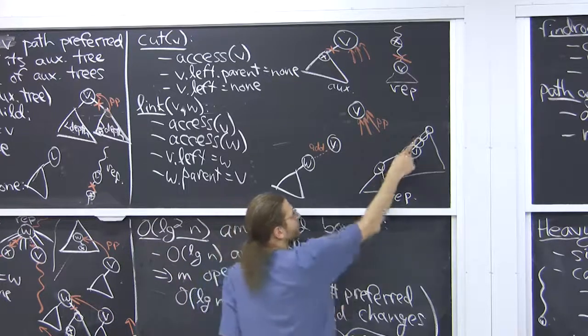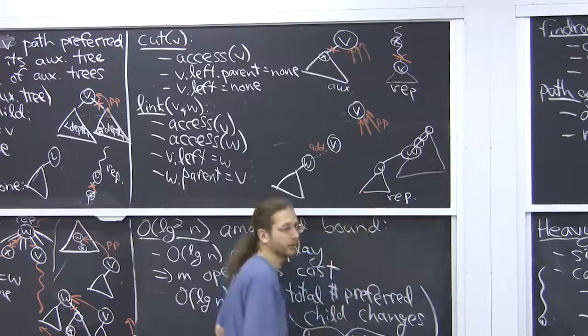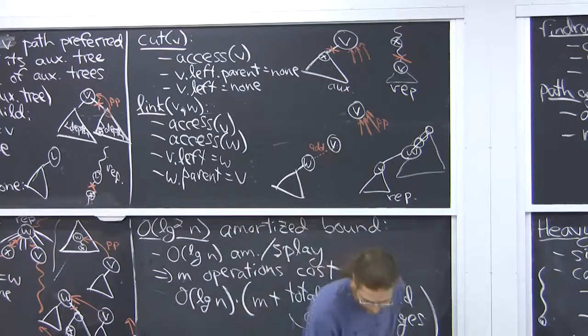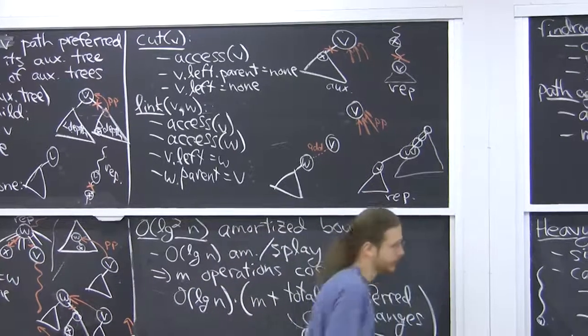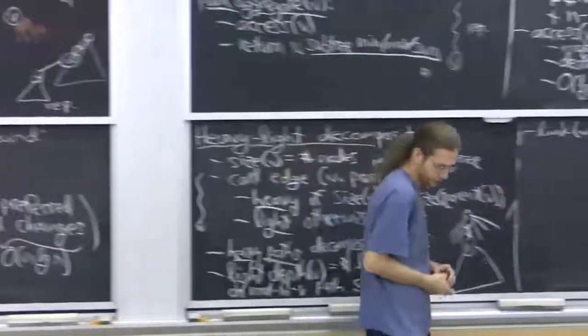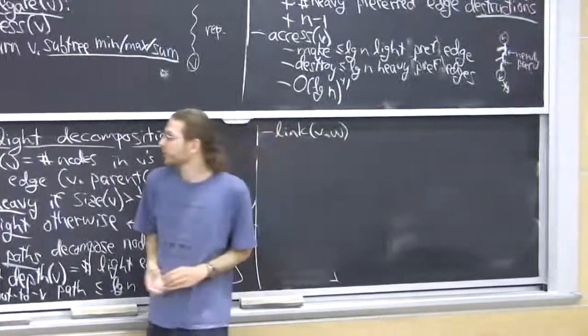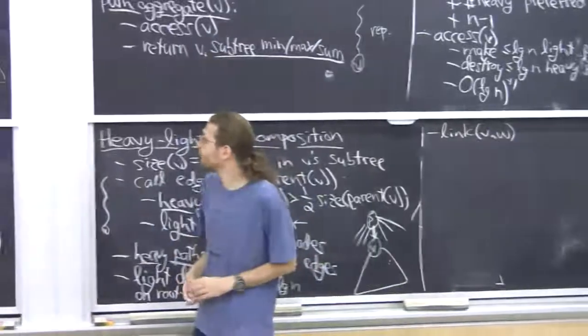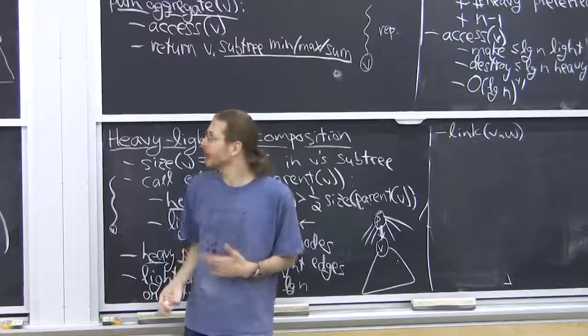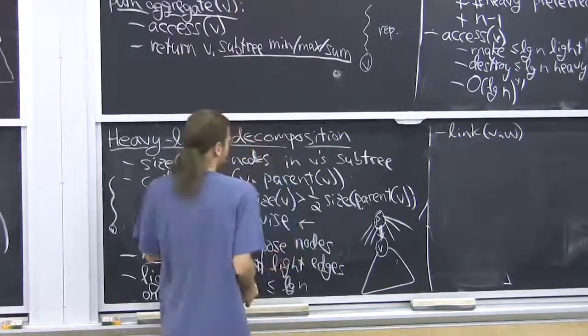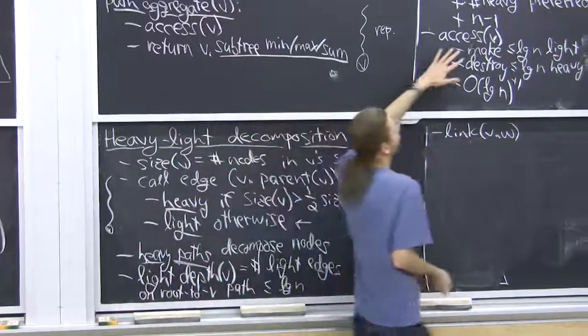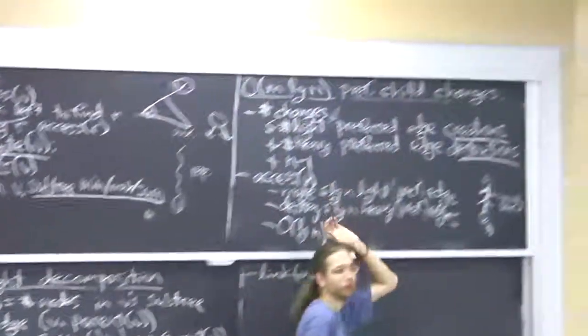In fact, this will be a preferred path from the root to V, because we just accessed those guys. So we're heavying edges, which means we might create new heavy preferred edges. But we don't care about heavy preferred edges being created. We only care about them being destroyed.